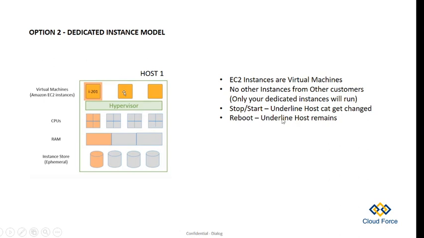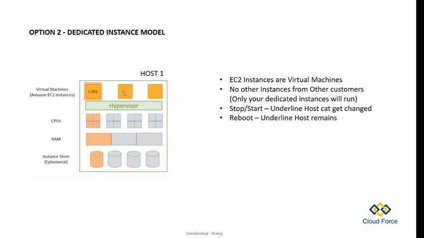So this is the clear difference. The underlying host can change if you stop and start, but remember, no instances from other customers can get placed here. I hope you understand this. It is not a very basic thing to understand, but a little bit confusing.